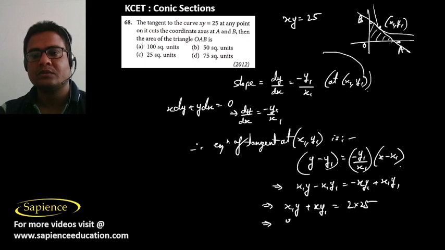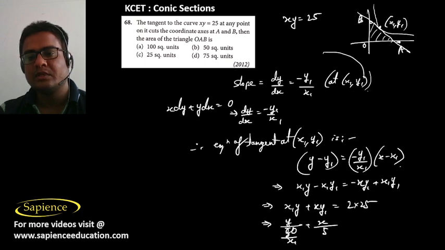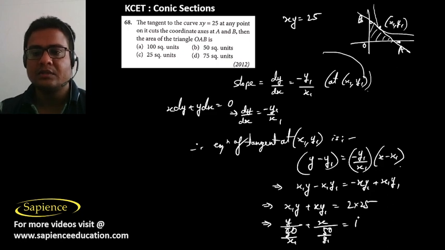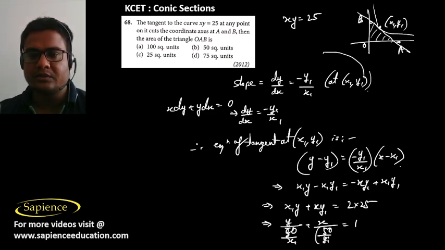So therefore y by (50 by x1) plus x by (50 by y1) equal to 1. So the equation of the tangent has been written in the intercept form.